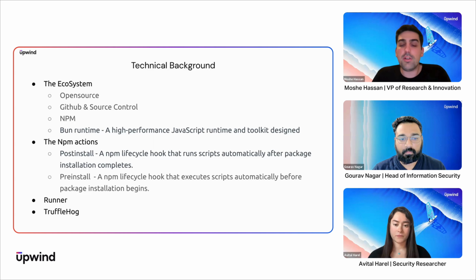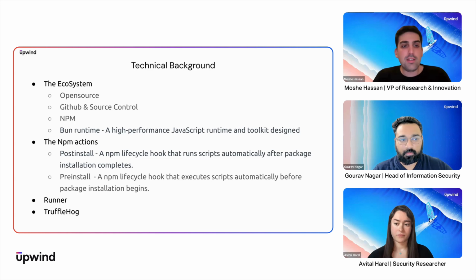Post-install and pre-install are actions that the NPM package manager lifecycle provides, letting you run actions after and prior to the installation of the package, which is one of the reasons this attack is so harmful.